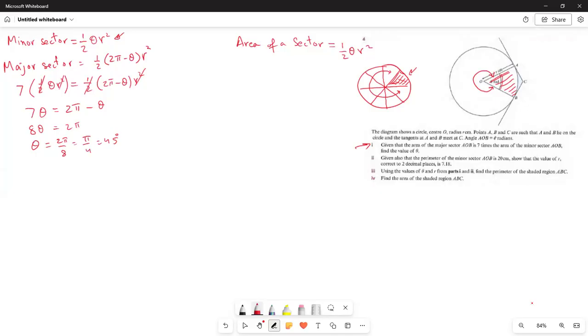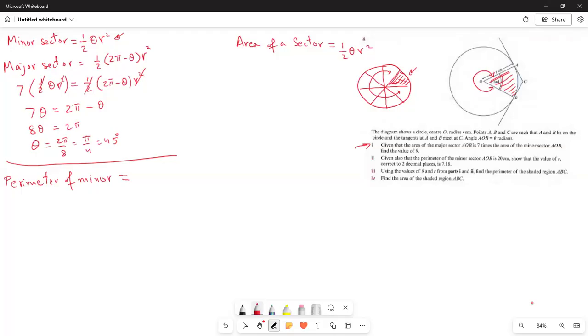The second part is given also that the perimeter of the minor sector is 20. Show that the value of r is this. So the perimeter of the minor sector is 20. So how can we calculate the perimeter of the minor sector?